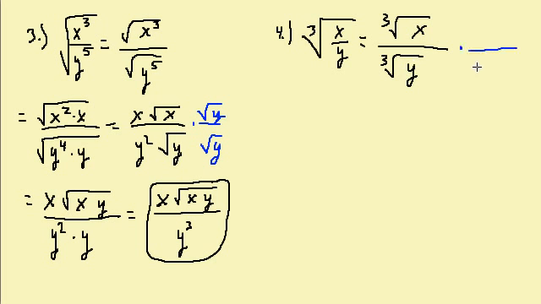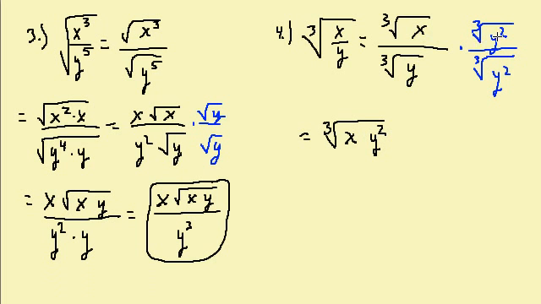Okay, so let's multiply by the cube root of y squared in the denominator, and then that means I have to multiply by the cube root of y squared in the numerator. So you can see that this gives me the cube root of x y squared.